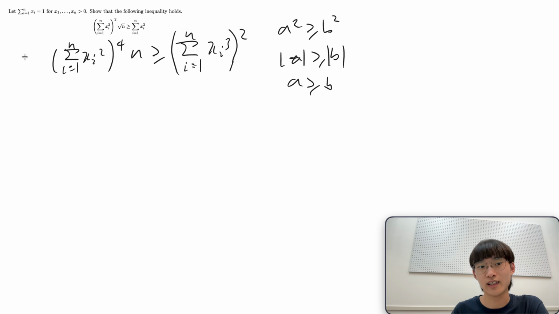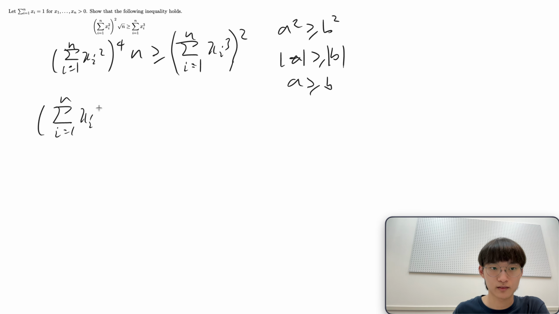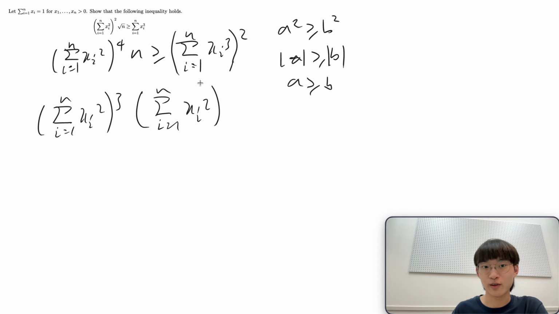Now let's modify our left hand side a bit. We can change this to the sum of i equals 1 to n of x_i cubed times, now we can write n as n and 1.